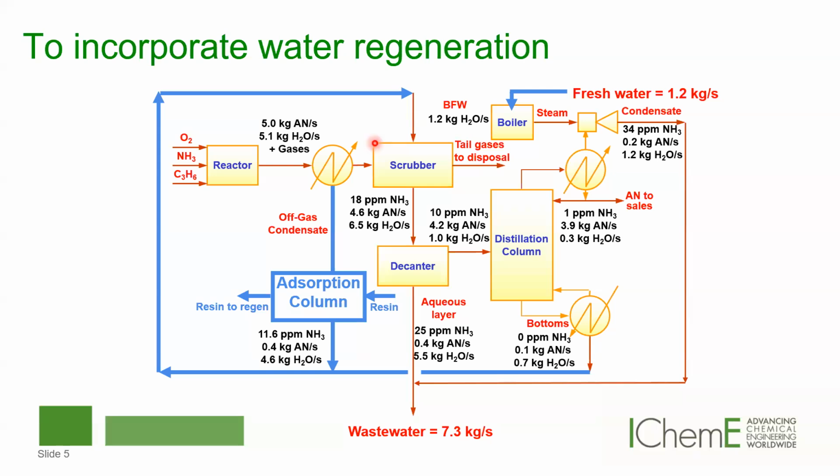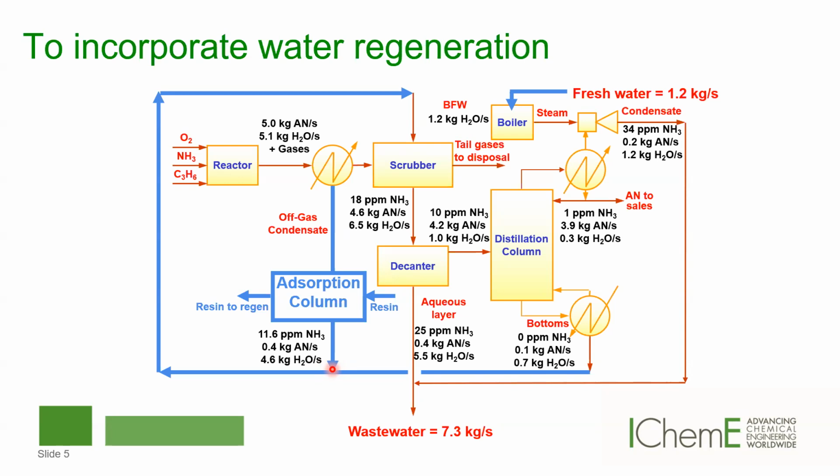Okay, so remember last time we did a balance on the flow rates, and we were able to determine how much recycling we can do. So right now, with the absorption column, we can try to regenerate 4.6 kilograms of water per second.